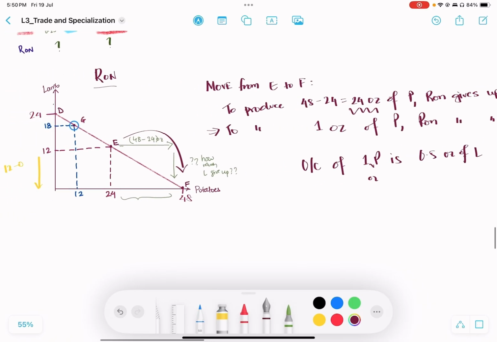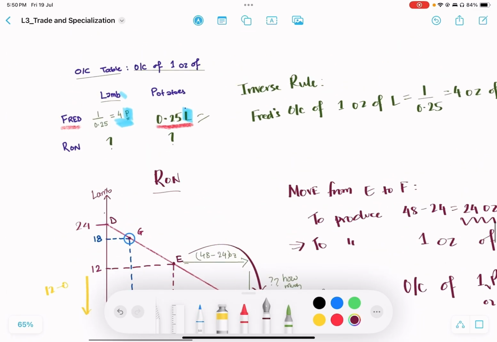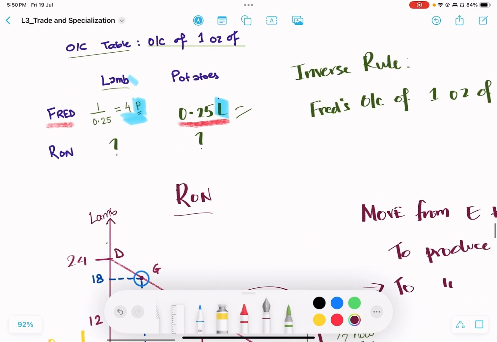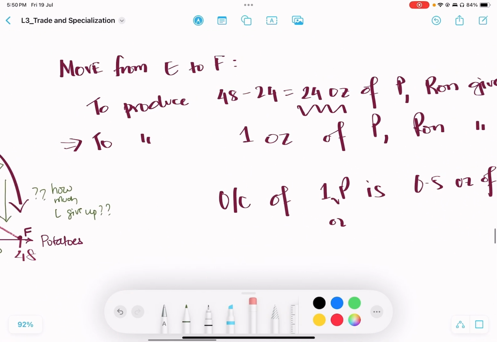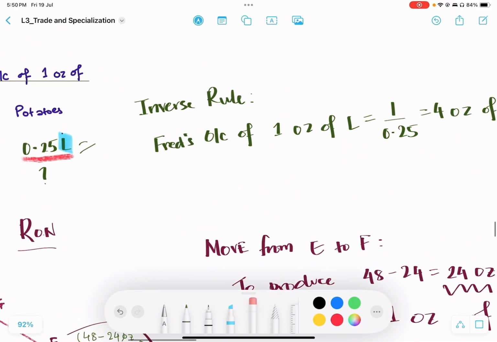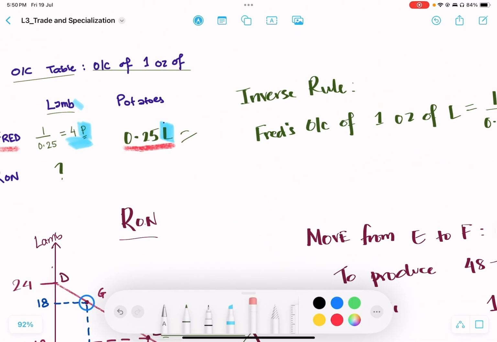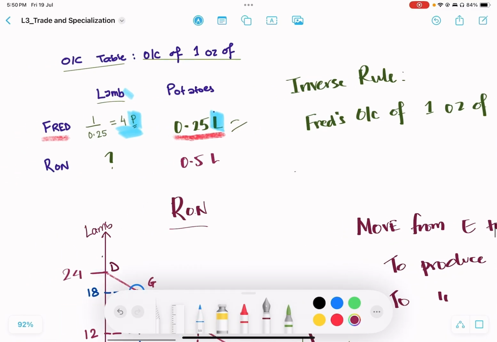So now if I were to go back to this opportunity cost table of ours, now let me update it, right? So right now we found out to produce 1 potato, Ron gives up 0.5 ounce. All right, so we basically found this out. So we're saying to produce 1 potato, he gives up 0.5 ounce of lamb, right?